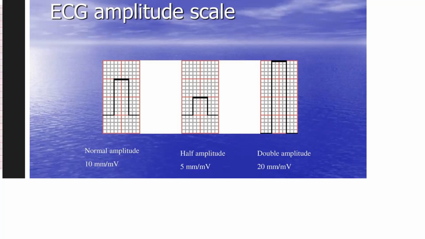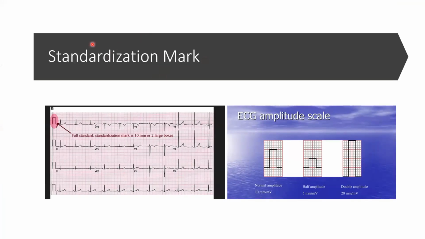Or maybe the patient has, for example, fluid around the heart. So pericardial effusion can cause a decrease in the amplitude of the complexes that you will see. So that basically is a discussion on what the standardization mark is.